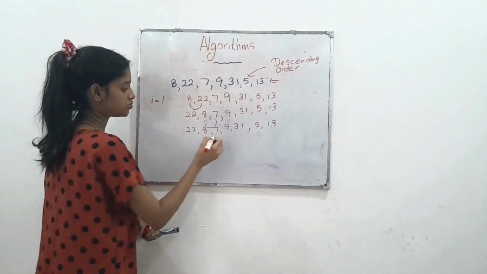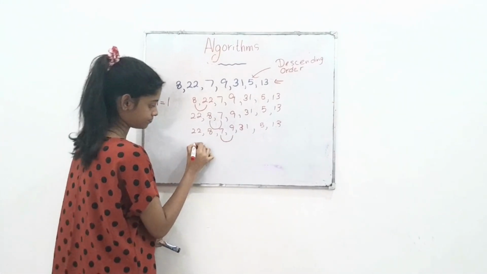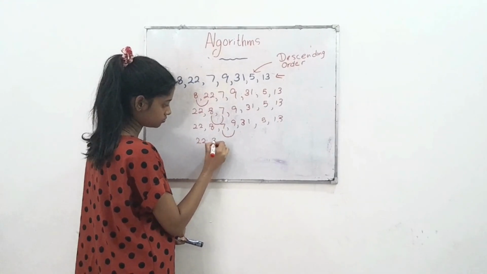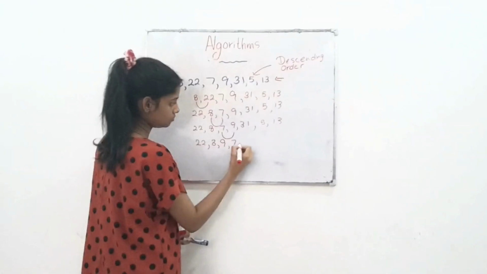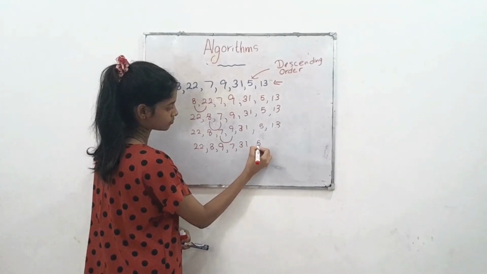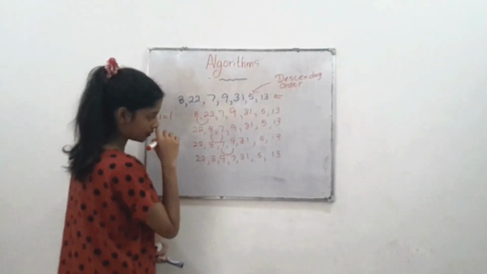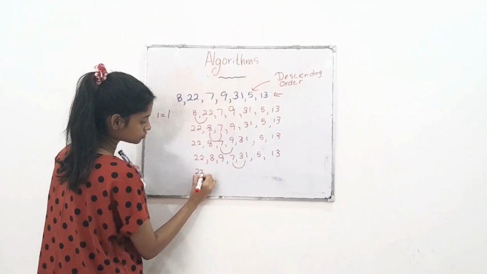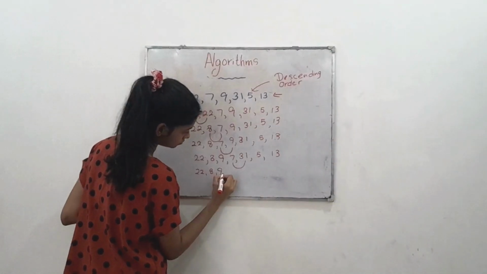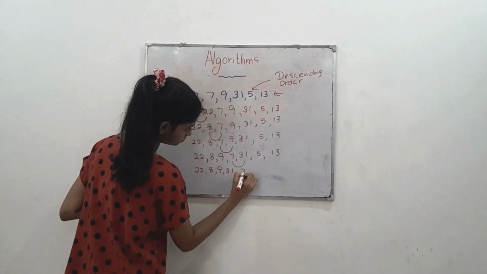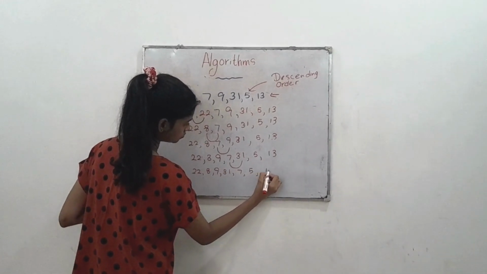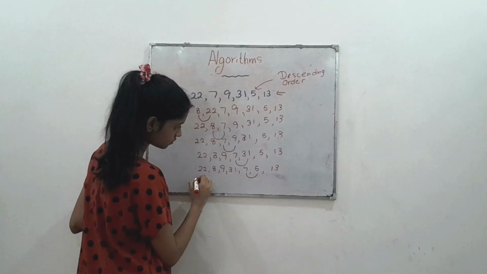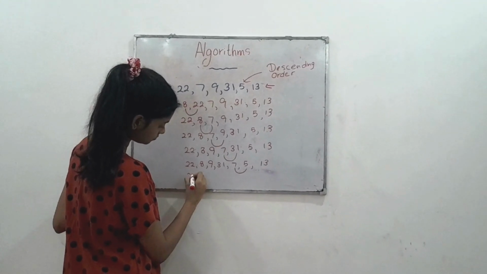Next you have to check these two. Obviously 9 is larger than 7. Next you have to check these two. Next you have to check this. No change.